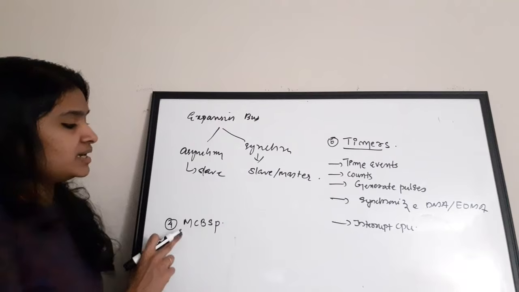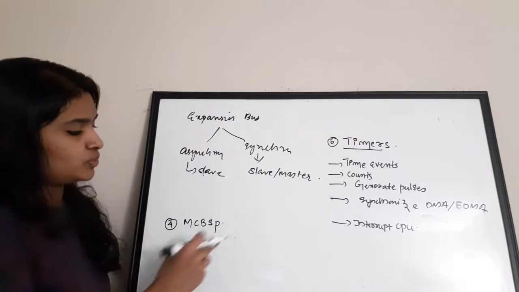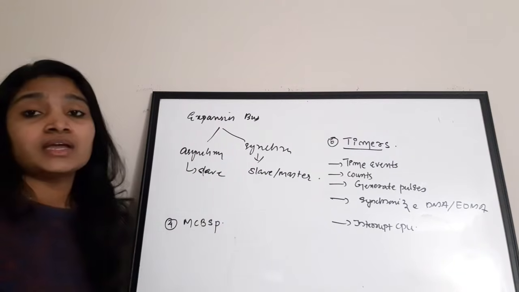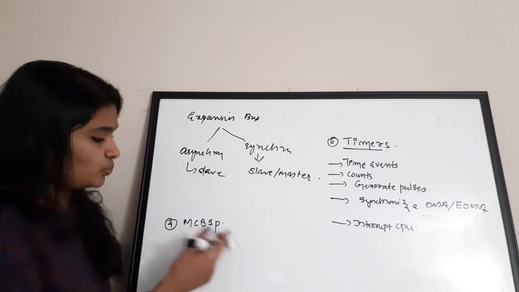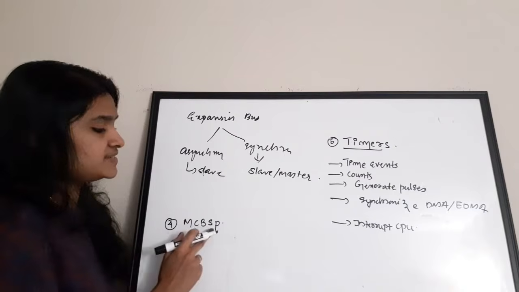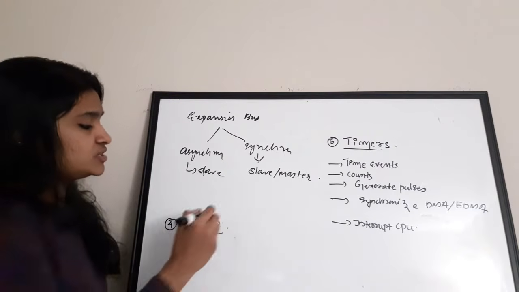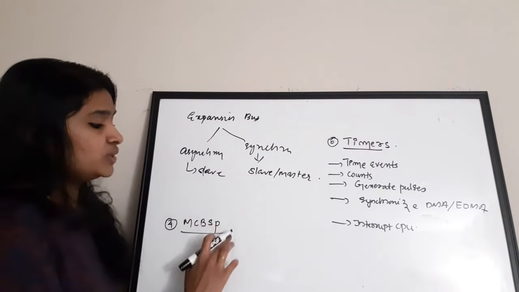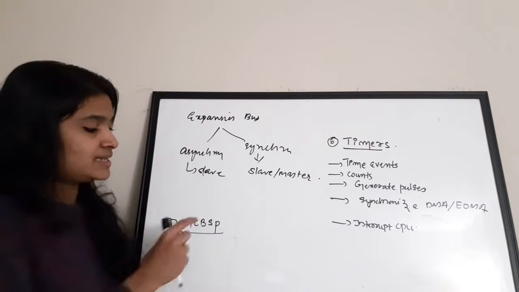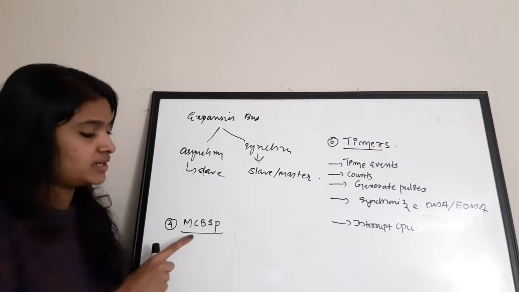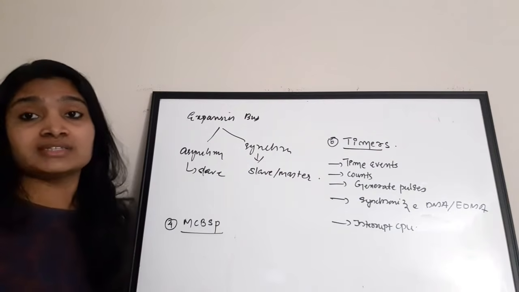Next one is the multi-channel buffered serial port, that is McBSP. It is also used during direct memory access. When direct memory access is happening, some buffered samples can be stored in the multi-channel buffered serial port.